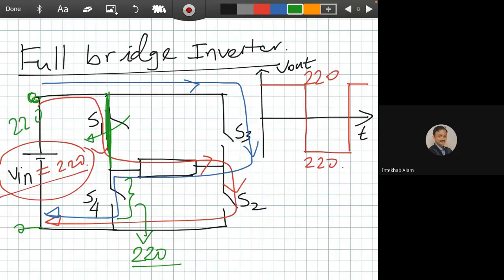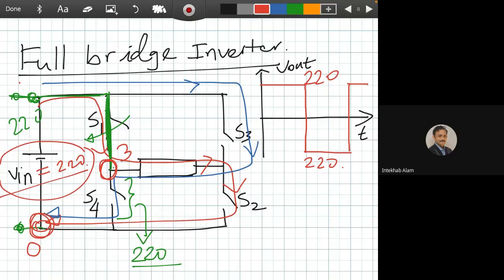Voltage between these 2 points is actually 220 volt. So we are considering this is a short path. So for the voltage between these 2 points, the red one, I'm giving the number: this is point 3, this is point 0, and this is point 1. Voltage between point 3 and 0 will be 220.